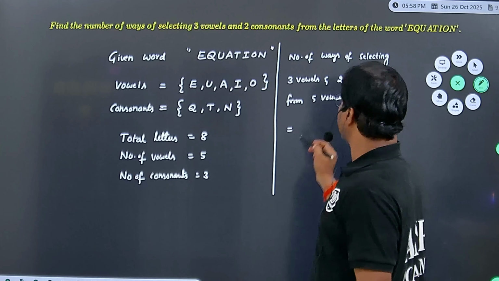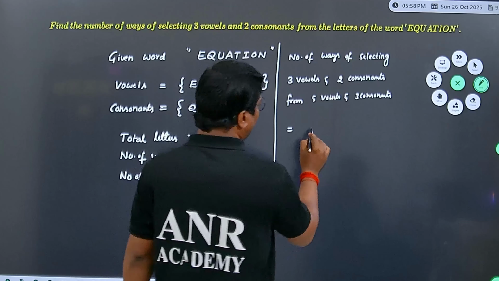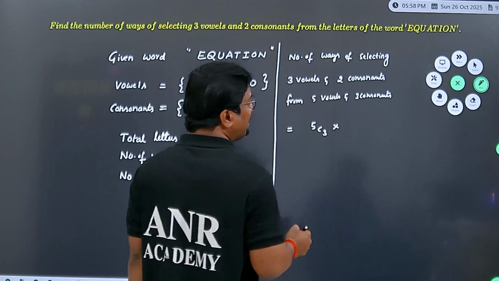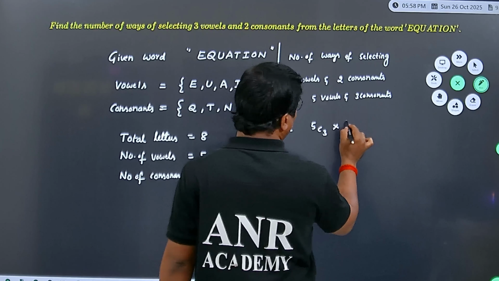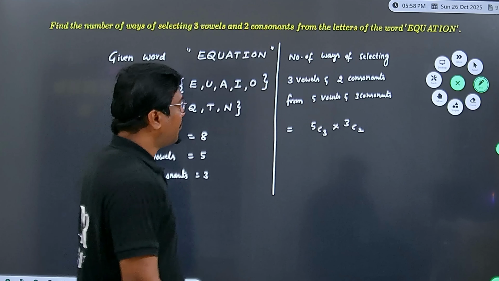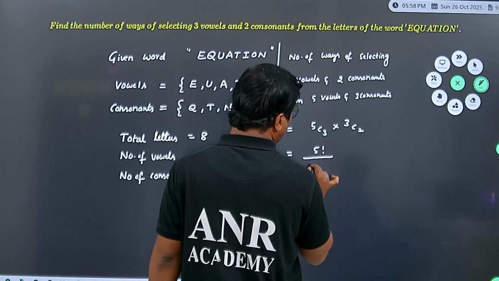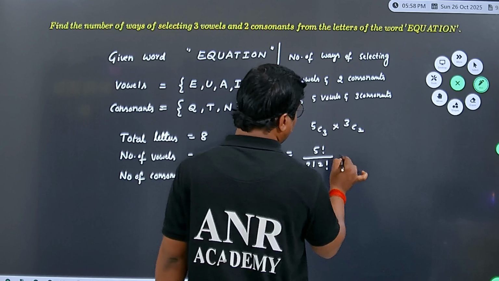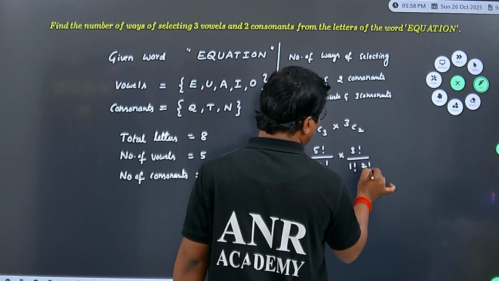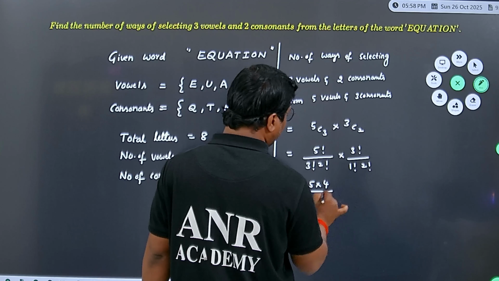That is written as, from 5 we need to select 3, the notation 5C3, multiplied by, from 3 consonants you have to select 2, 3C2. Therefore 5C3 value is 5 factorial by 3 factorial into 2 factorial, next 3C2 is 3 factorial by 1 factorial into 2 factorial. 5 into 4, 3 factorial gets cancelled.